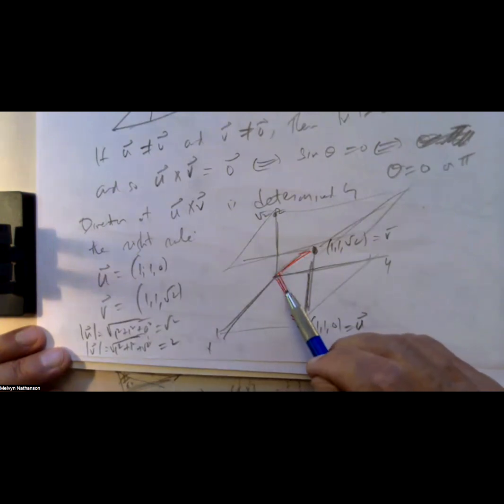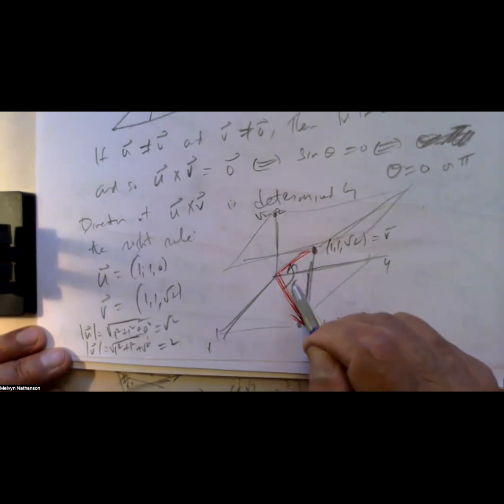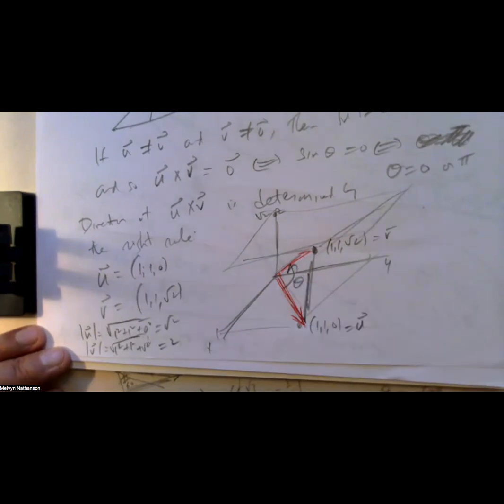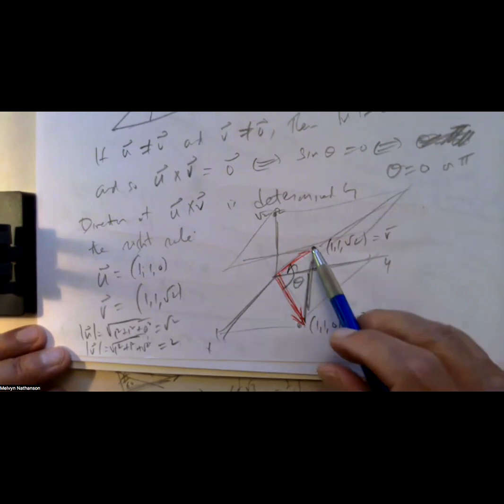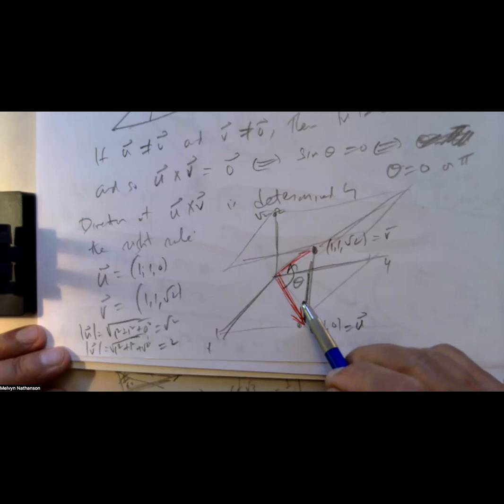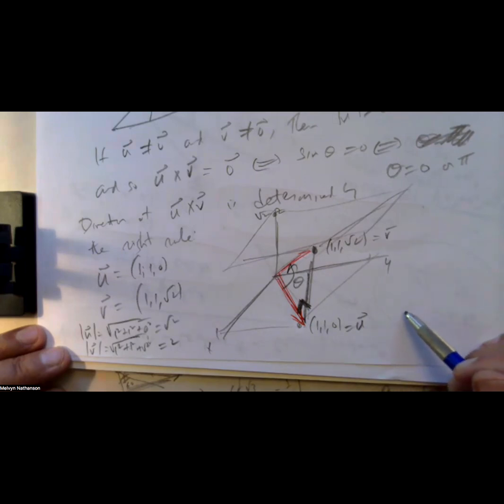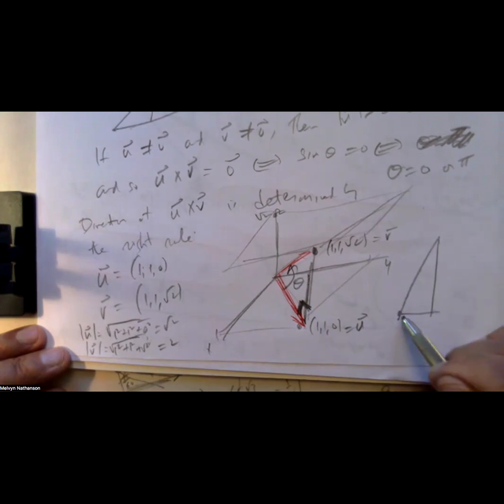And what is this angle between them? Theta. If we look, this vector is directly above this one, so this would be a right angle. So it looks like we have a picture like this.